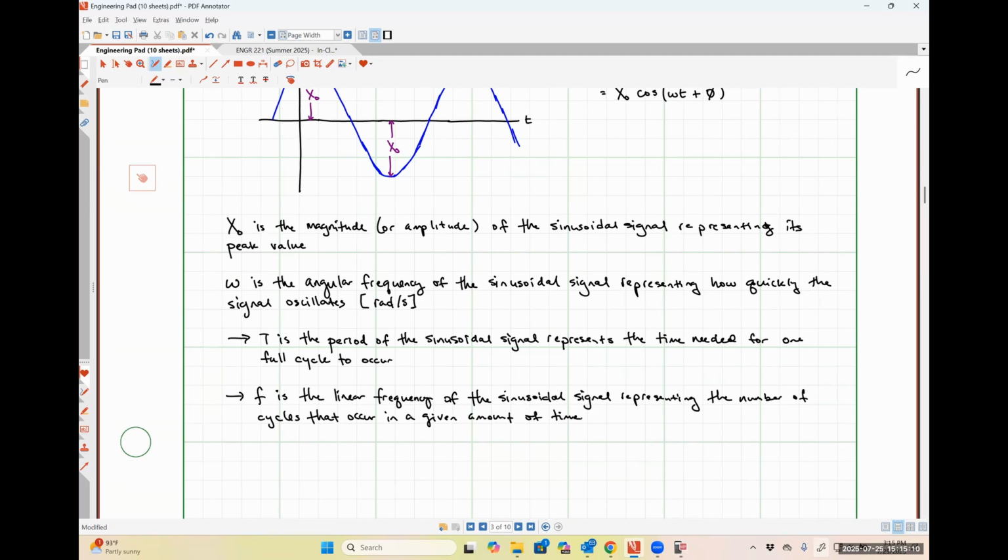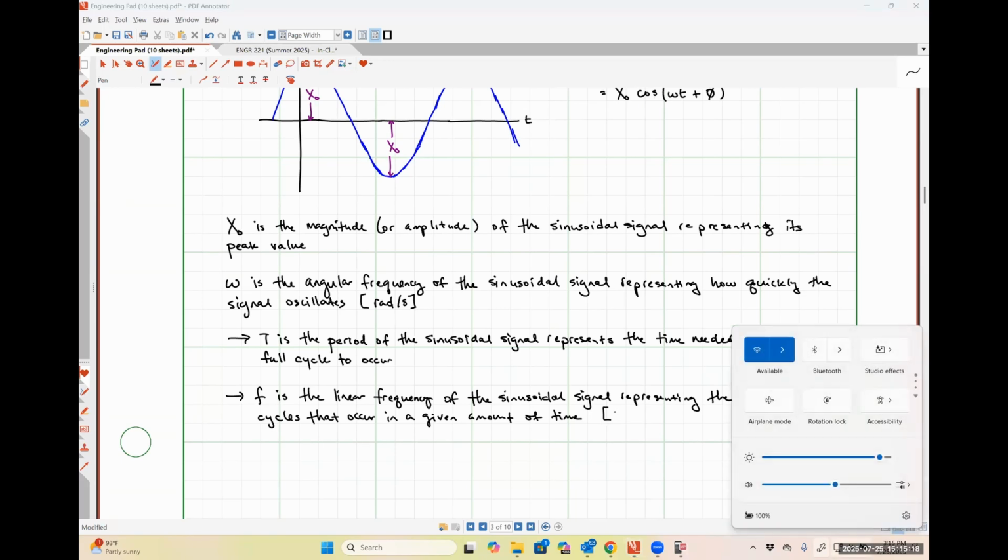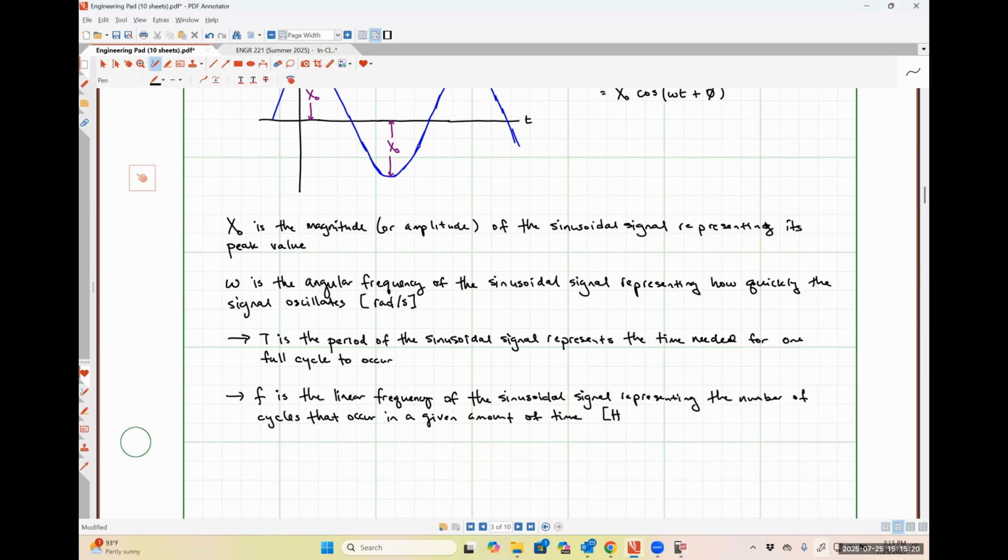Usually 1 second. So I'm going to say that frequency is typically measured in what are called hertz. So that's Hz, and that is literally just the inverse of a second.